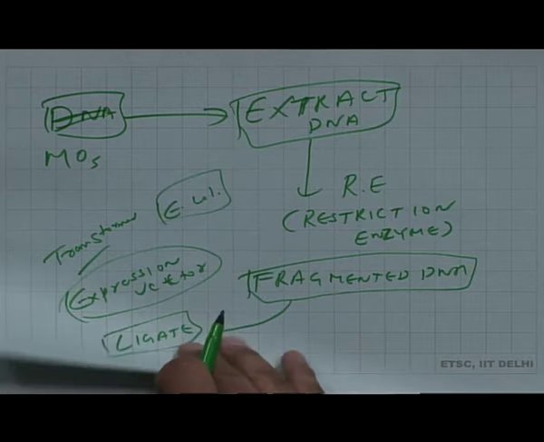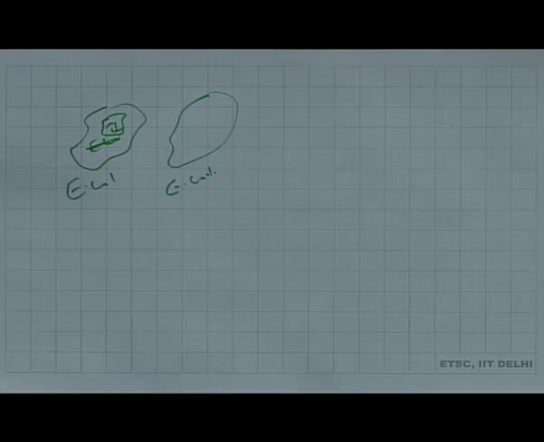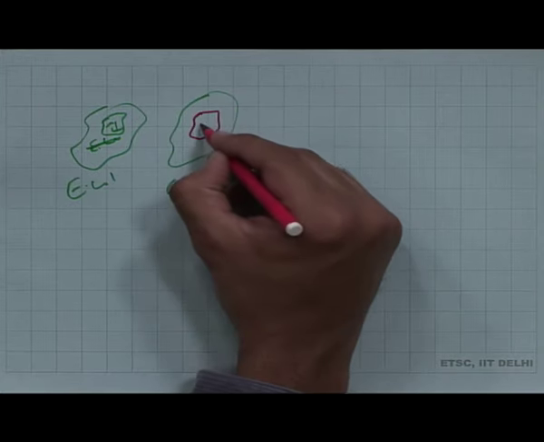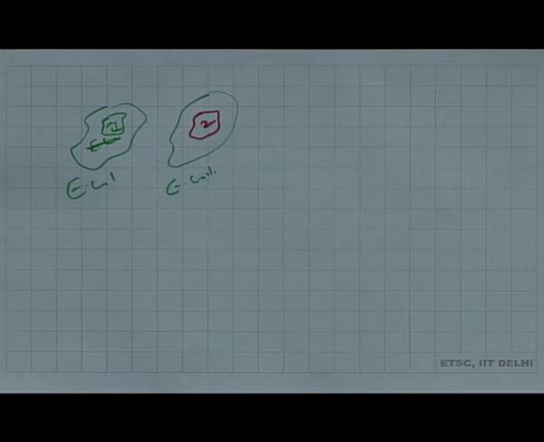Okay. Now you have an E. coli cell, this is E. coli with your fragment. So, this is fragment 1; you have another E. coli and this is with fragment 2. You would also have another E. coli.